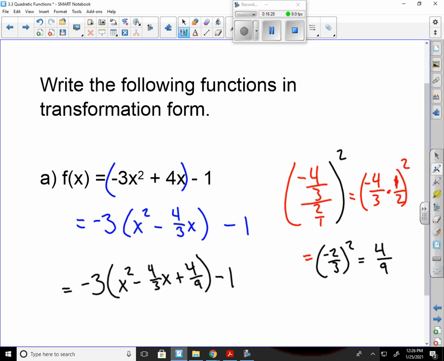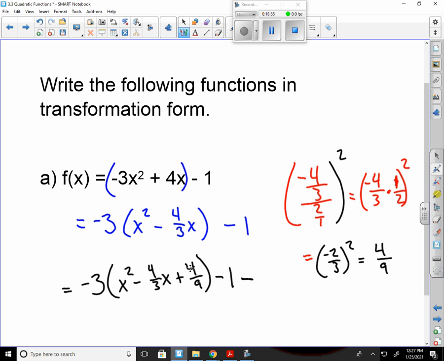I still have the minus 1 out here. And before I can move on, I can't just randomly throw a 4/9 into a problem without doing something else to the problem to get rid of it, so I need to subtract something from the back side. But I'm not going to subtract 4/9, even though that's what I put in, because this is really negative 3 times 4/9.